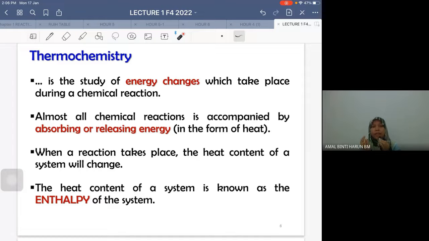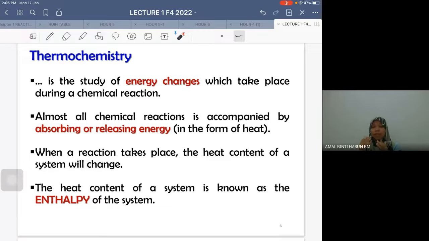Okay, tadi saya mention sistem, lepas tu ada surrounding kan. Okay, yang kita belajar ni dalam sistem yang tertutup. Maksudnya chemical reaction occur in a closed system. Okay, so that we can calculate the heat release or heat absorb.